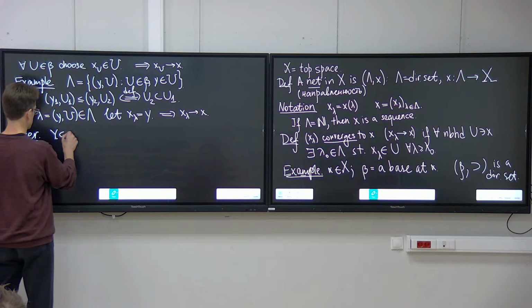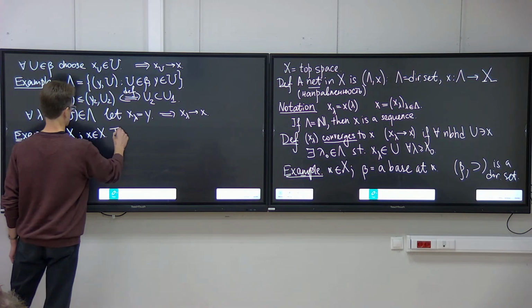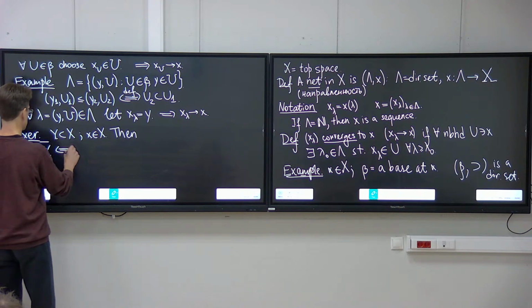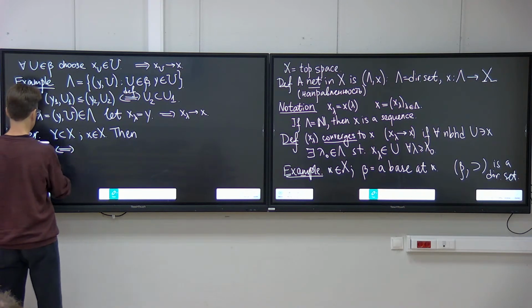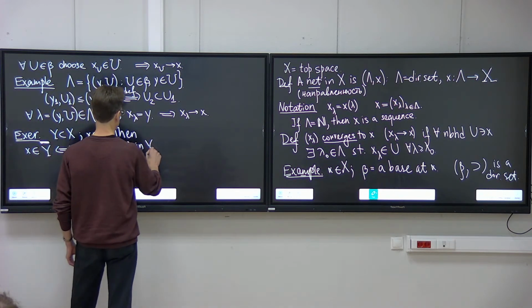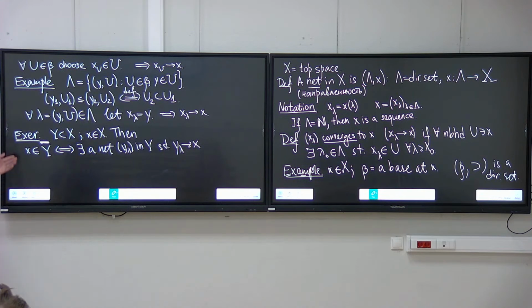Suppose that Y is a subset of X and x is a point in X. Then x belongs to the closure of Y if and only if there exists a net y_lambda in Y such that y_lambda converges to x. So once we know which nets converge, we can reconstruct the closure of any set, hence the collection of all closed sets, and hence all open sets. That is the topology on X.